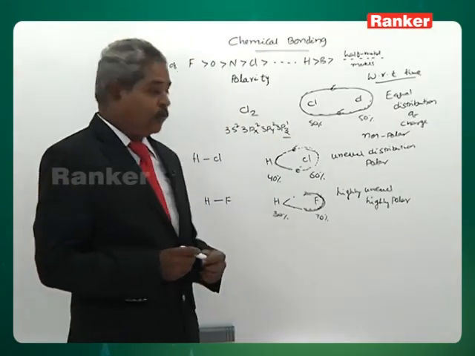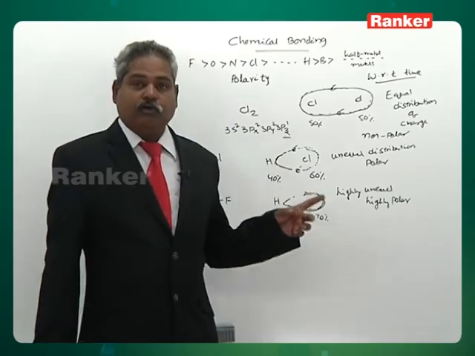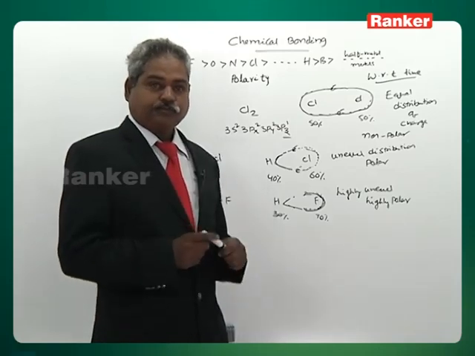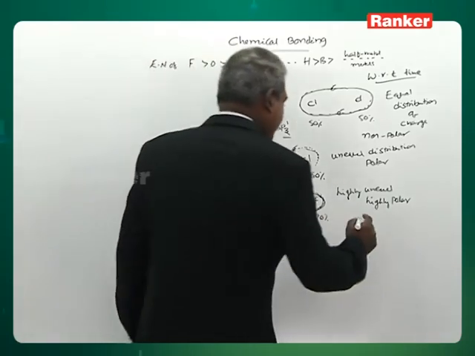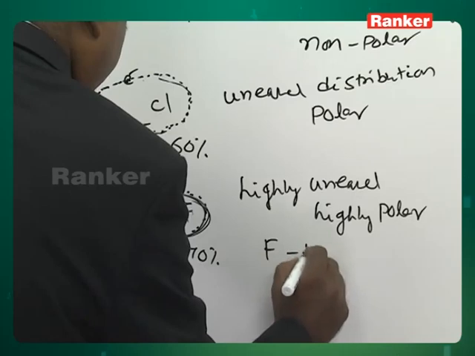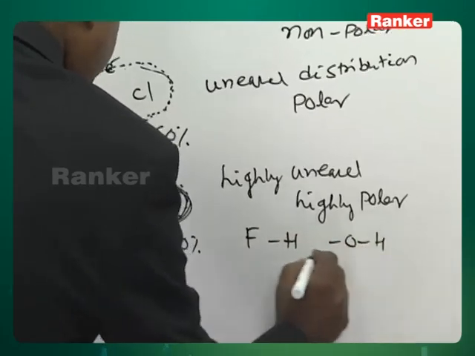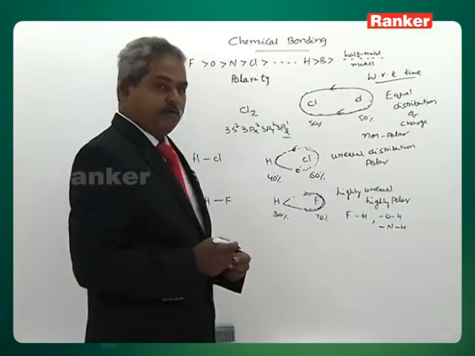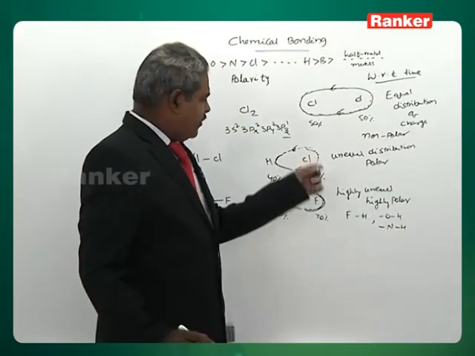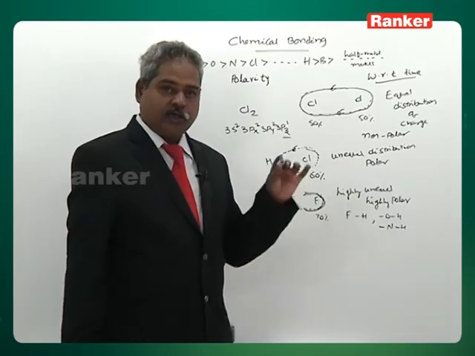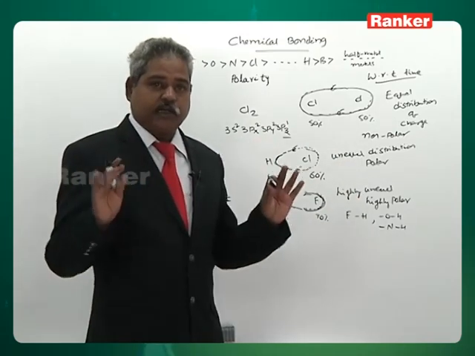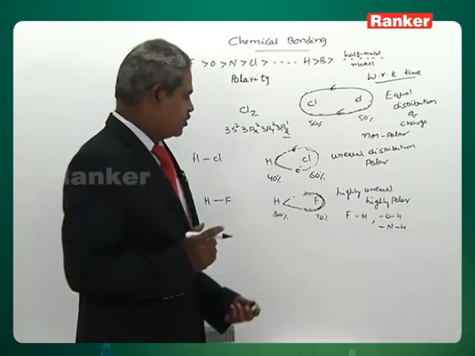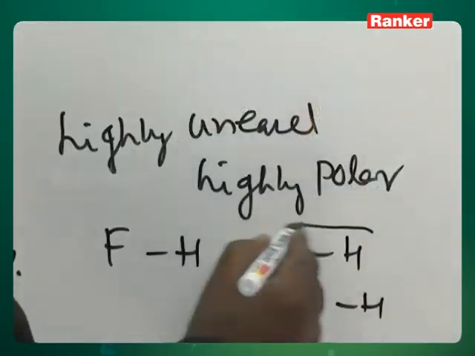And you won't have these highly polar covalent bonds in many molecules, only in molecules with FH, OH, NH bonds. In very few cases there may be one or two others, but we should always learn the broadest thing which is applicable for 99% of the cases. Let us not worry about a few others.